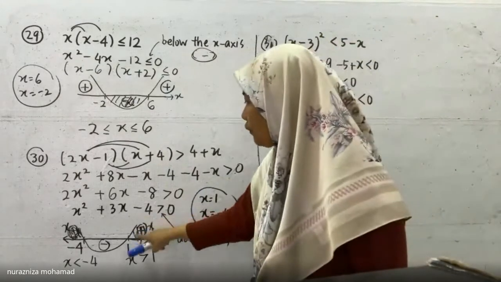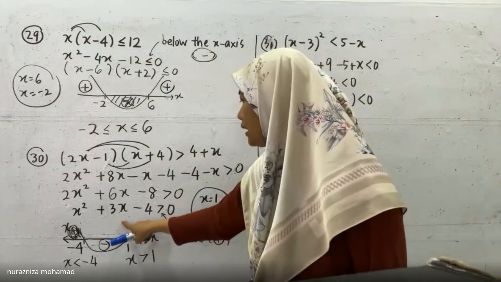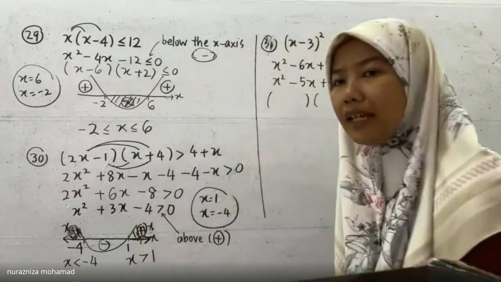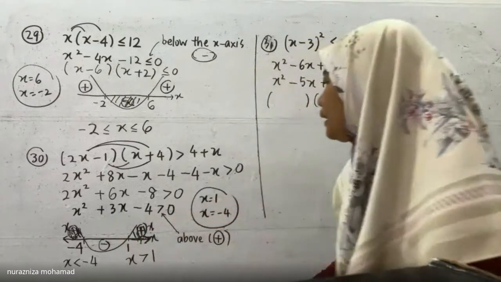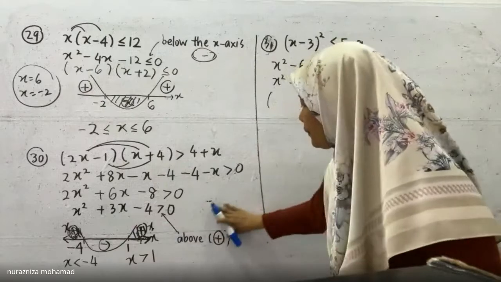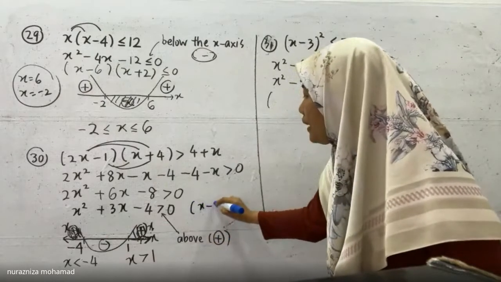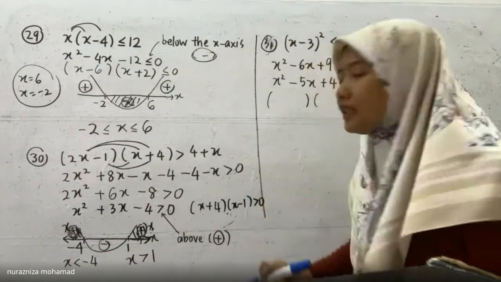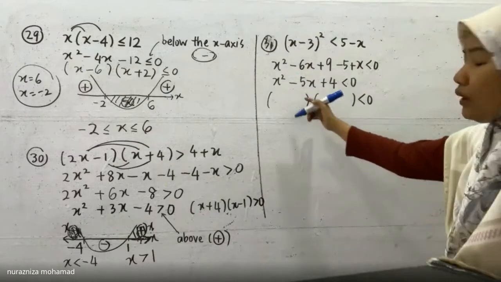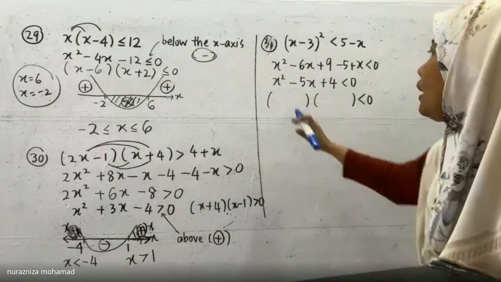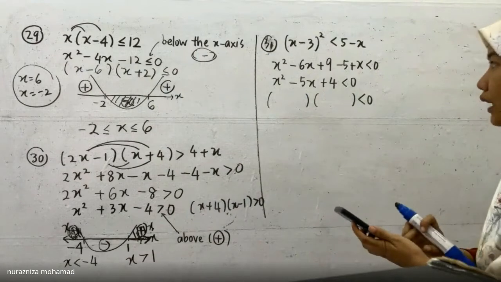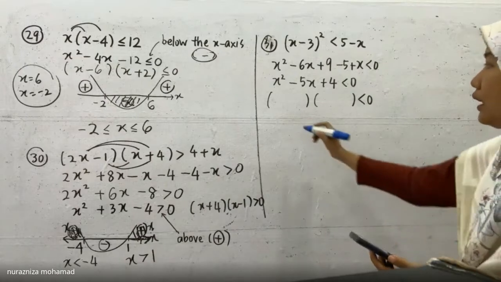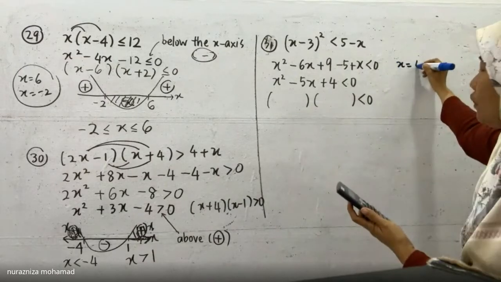So for this one, before you sketch the graph, this one here should be x plus 4, x minus 1 is greater than 0. Okay, so here, when you press EQN, you have A is equal to 1, B is -5, C is equal to 4. So the first x is x equal 4.